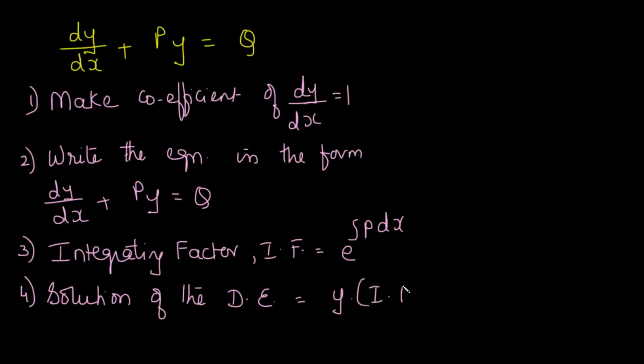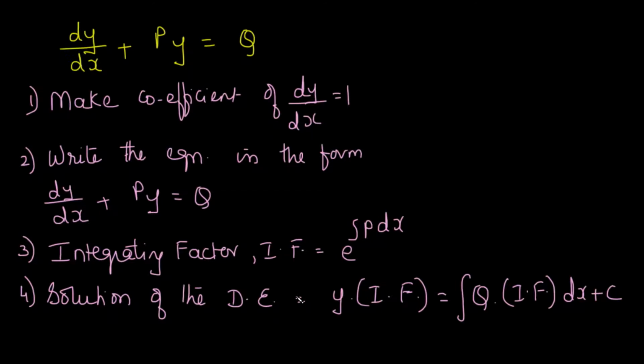Remember, you can write integrating factor in short form IF, no need to write the full form each time. Some short forms are allowed. So y into IF is equal to integral q into IF dx plus c.